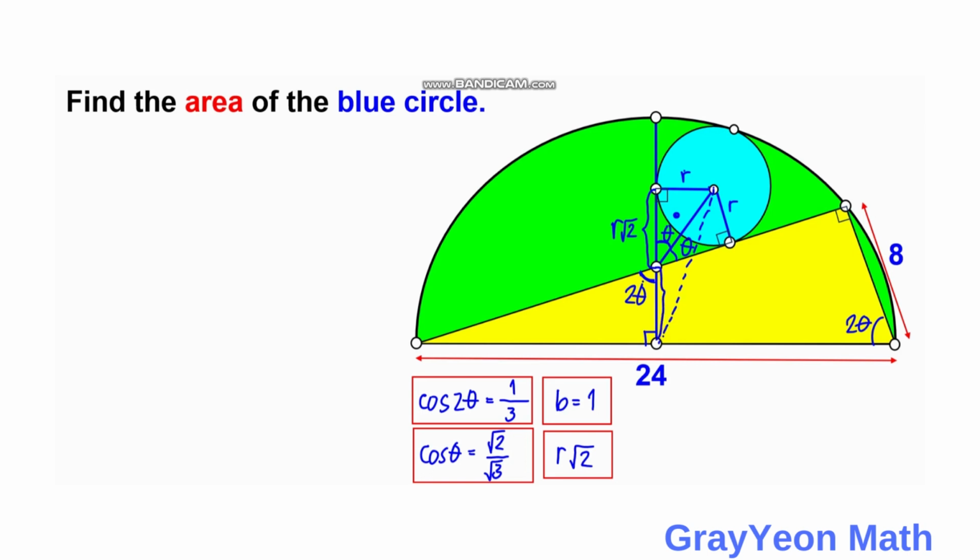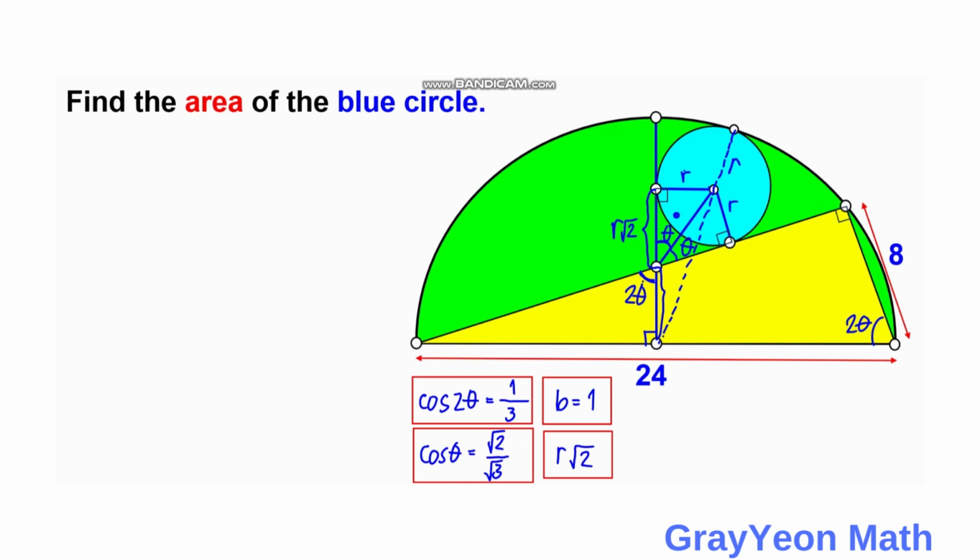So this r square root of 2 plus this length is one leg, and the radius and this broken line distance are the other. And this broken line distance is actually a part of the radius because it can continue up to the point of tangency of this blue circle and the green semicircle. So this is also r.